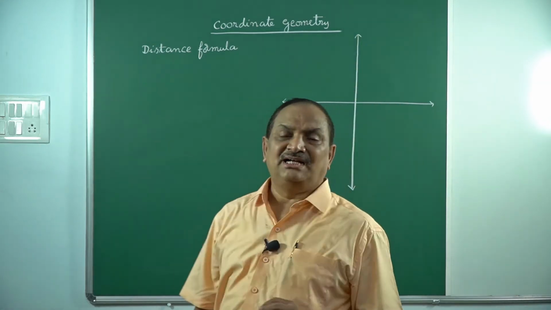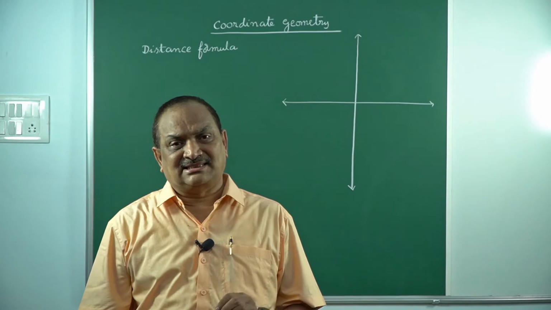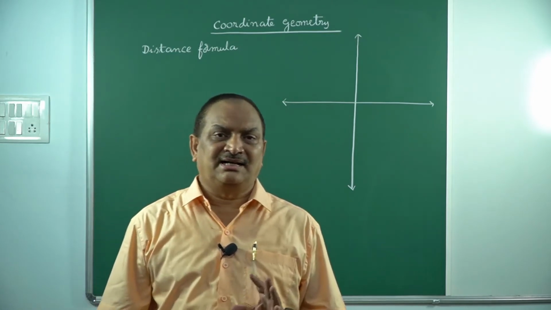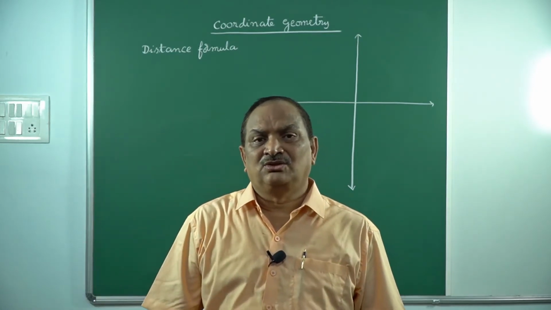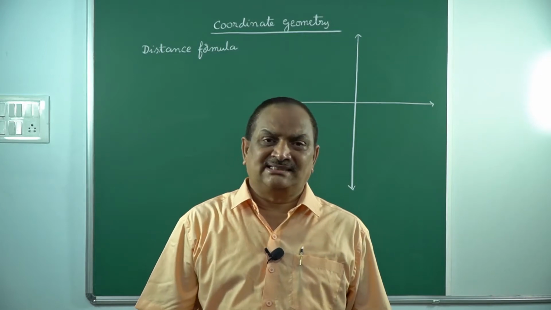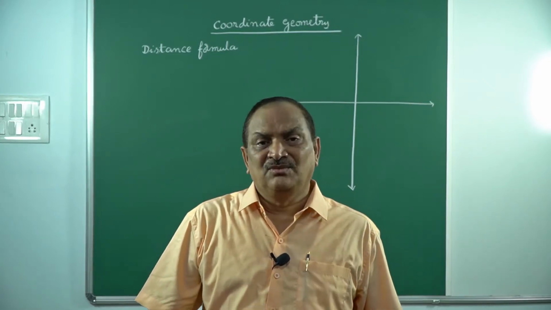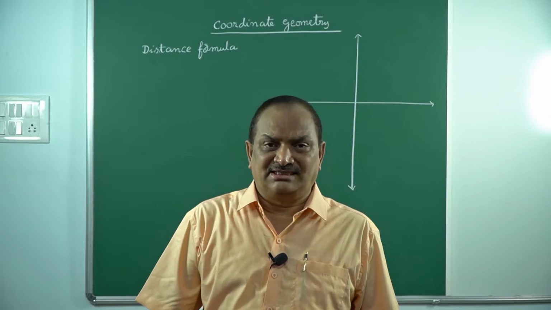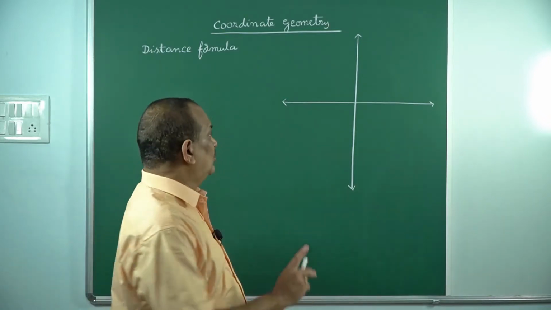The plane which contains these two axes is called the Cartesian plane. So we have two axes here, x-axis and y-axis, and they meet at the point origin, which is referred to as O.